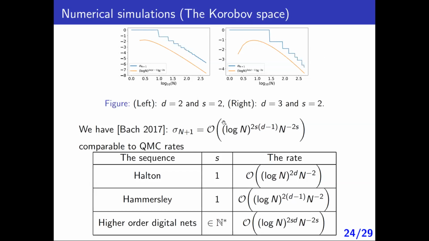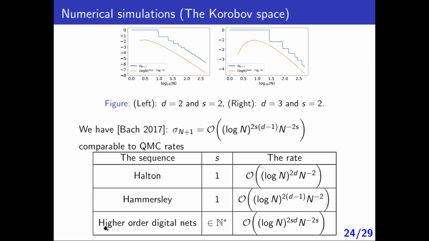And we can compare this rate that was proved by Bach to the rates of Halton sequences, the quasi-Monte Carlo sequences. And you can see, for example, what we know is that the Halton sequence has a rate that is n power minus 2, but it can get a rate that is n power minus 2s when we optimize the weight.